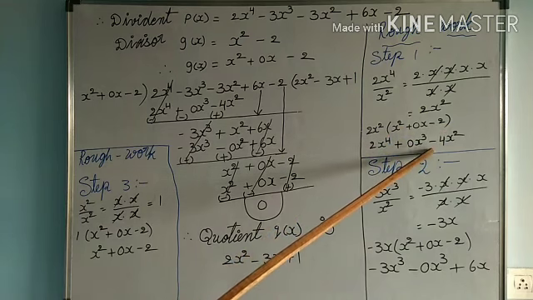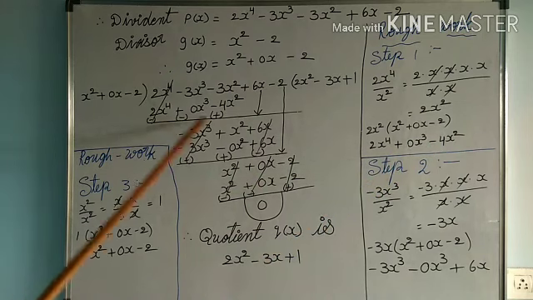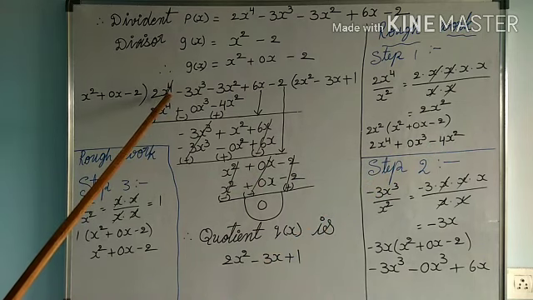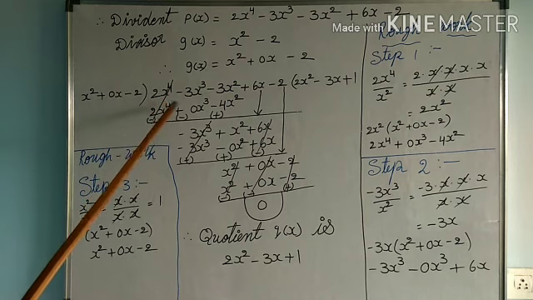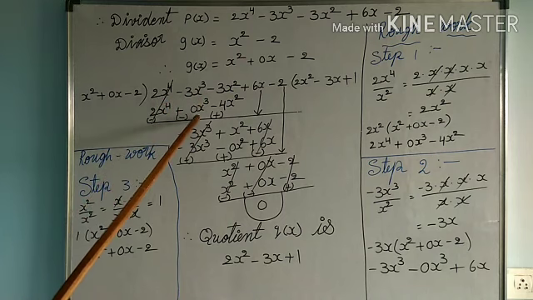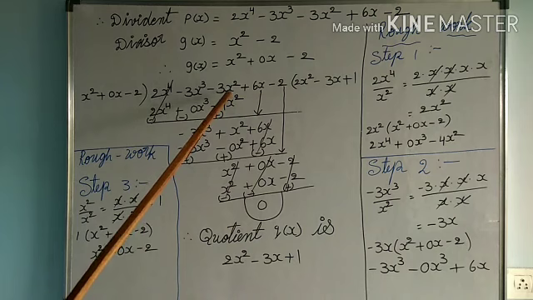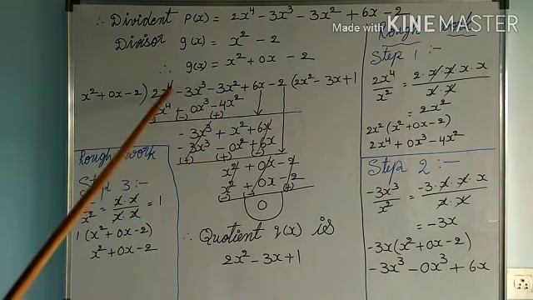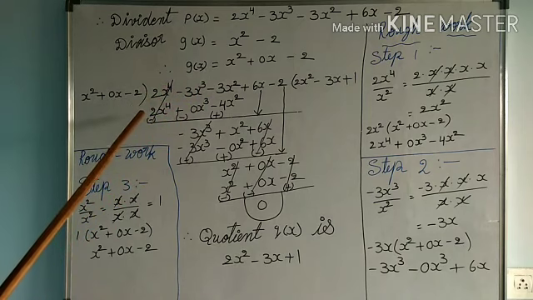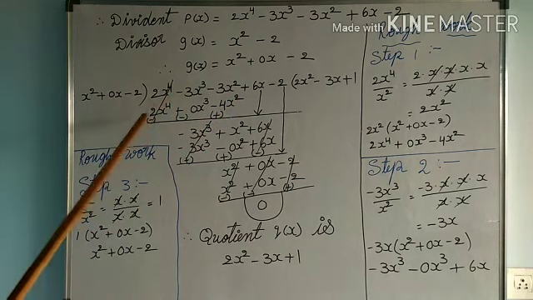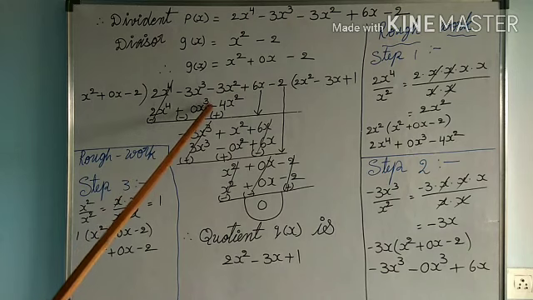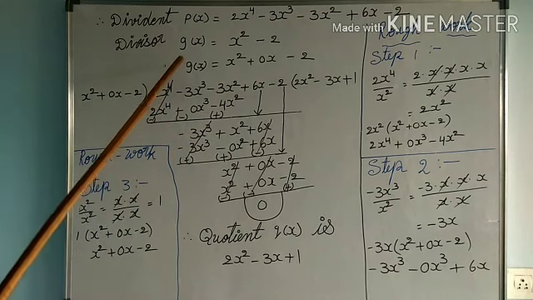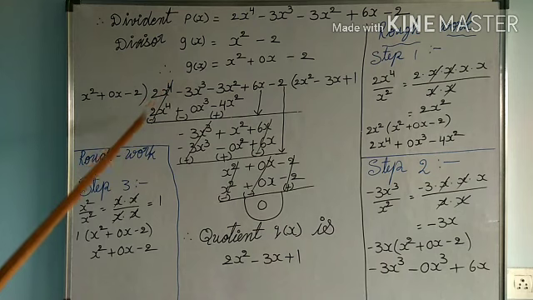Bring down the x to the power of 4 term, the x cube term, and the x square term. Here it is subtraction, so change the symbols of this polynomial: plus changes to minus, minus changes to plus. 2x to the power of 4 minus 2x to the power of 4 cancel.